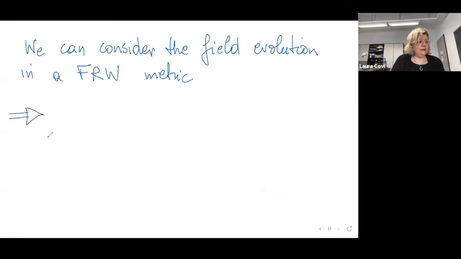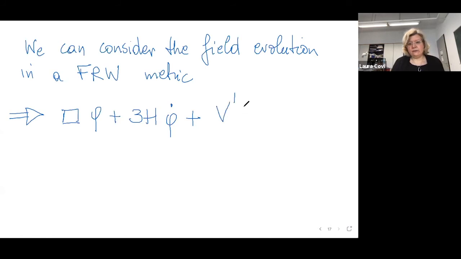The equation we obtain is nothing else than the Klein-Gordon equation, but with an additional piece. We have the box operator on the phi field, plus the usual 3H phi dot term, which comes from the fact that we have a non-trivial connection. And then we have the derivative of the potential, and this has to be equal to 0.